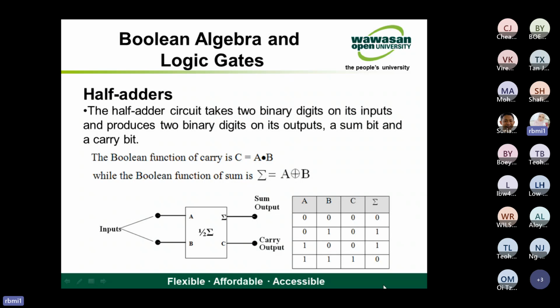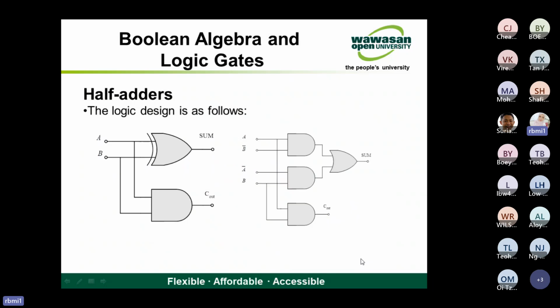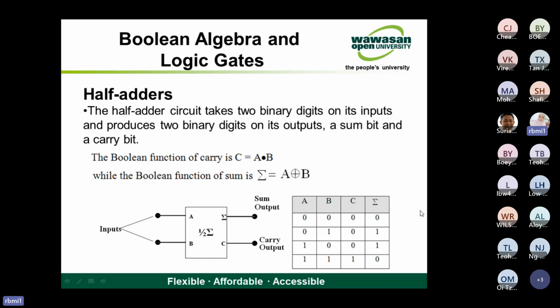There are various ways of constructing half adders, as we can see. This is how we can construct the half adder. We have an exclusive OR and an AND gate, where the AND gate gives the carry output and the summation is the exclusive OR.